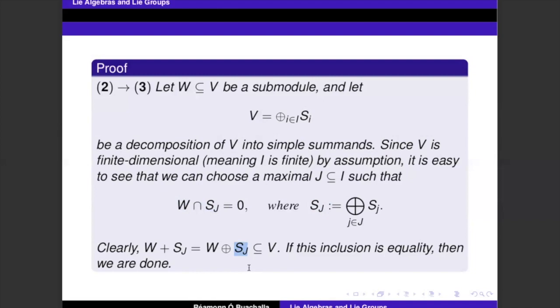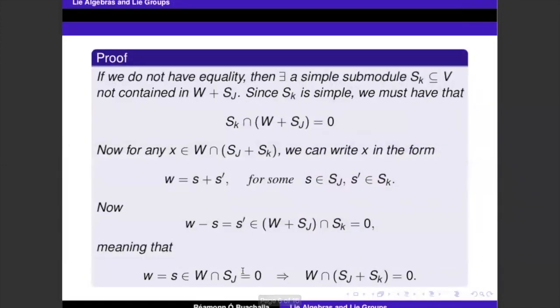It will certainly be contained, but it's not clear that this direct sum of W and the proposed complement will actually be an equality. It could be a proper inclusion. If it is an equality, we're done. If it's not an equality, then we need to exclude that possibility. Okay, so let's assume that we do not have an equality.